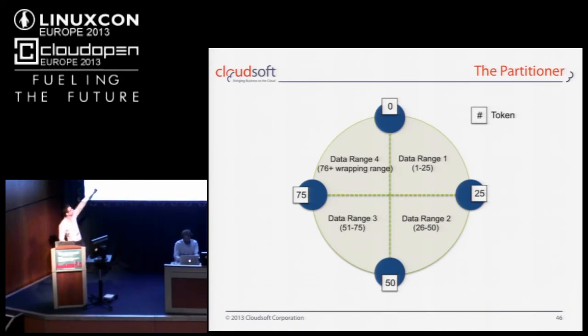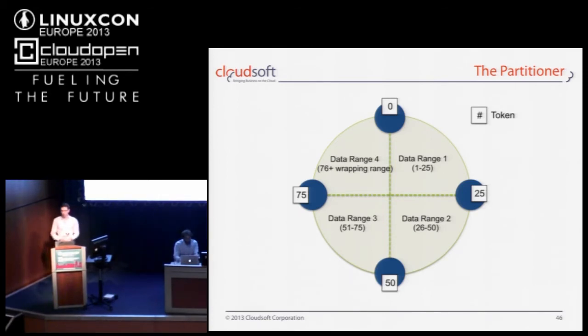And then you just look at which node is responsible for that section. So you basically go clockwise from a given node, and that tells you which node is going to be responsible. So for example, if my hash function says that my value is 10, then that's in the range from 0 to 25, so I need to go to the node with token 0. So any node can calculate this and know where the data is stored.